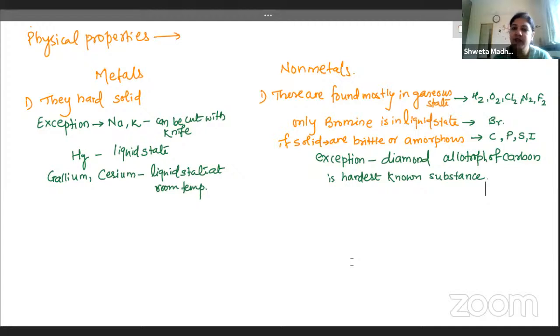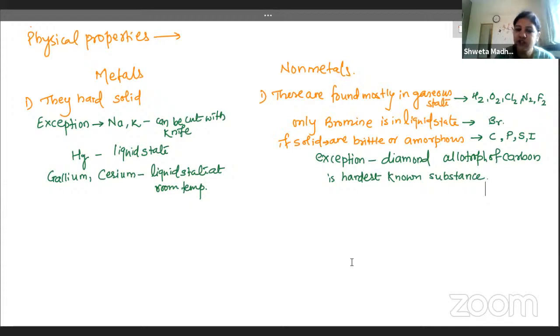Only the bonding between carbon atoms differs, and because of that, the physical appearance of those substances is completely different. But what is the definition of elements? Elements are those substances which contain similar type of atoms. All of them contain only carbon inside them. So those are called allotropes of carbon.